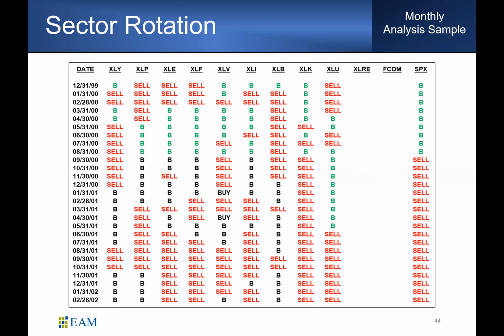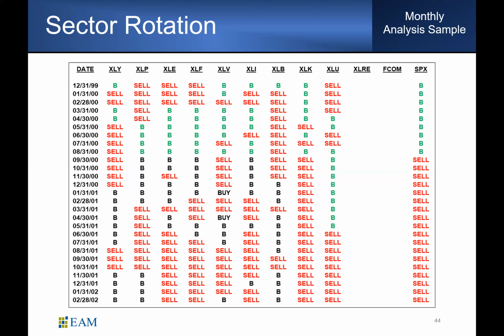If the S&P 500 is negative, which you'll see is the case in September of 2000, to sell, we're either going to be 100% in cash or 50% in cash and 50% in utilities. See XLU, it's actually positive. That's utilities.